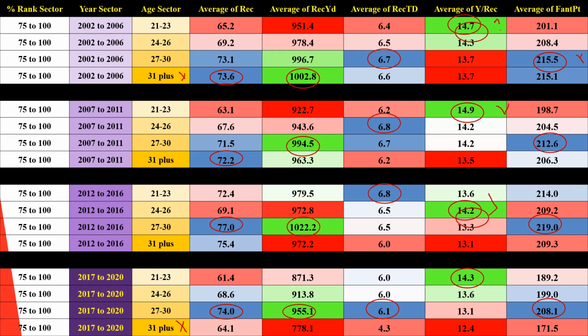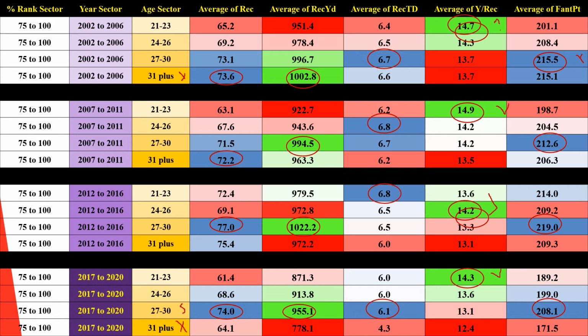And I think we've seen evidence that the peak is 27 to 30. We're seeing that. And here's this metric again. Notice this metric is probably telling us that the rookies may not get catches, but when they catch, they have enough of the juice to get some yards.